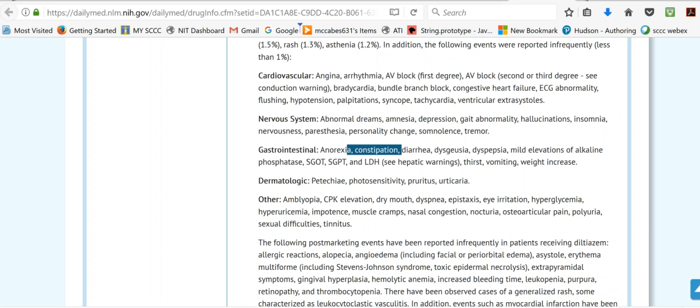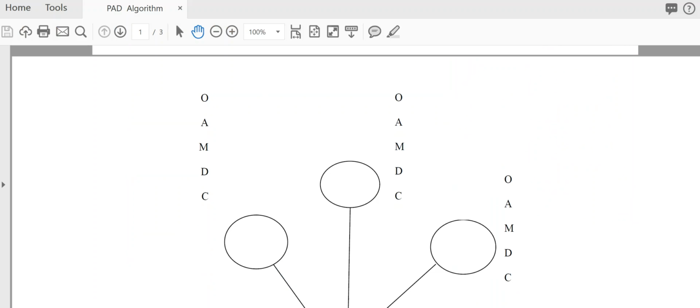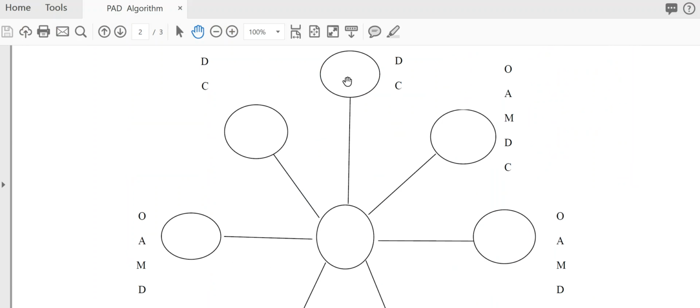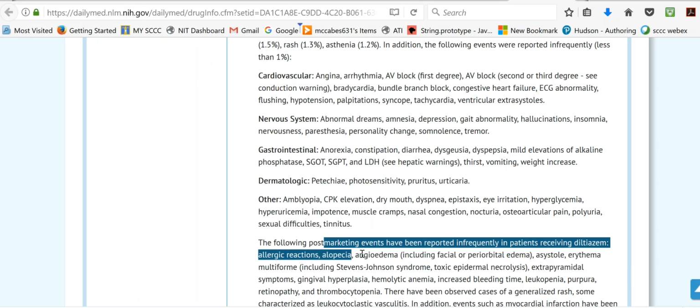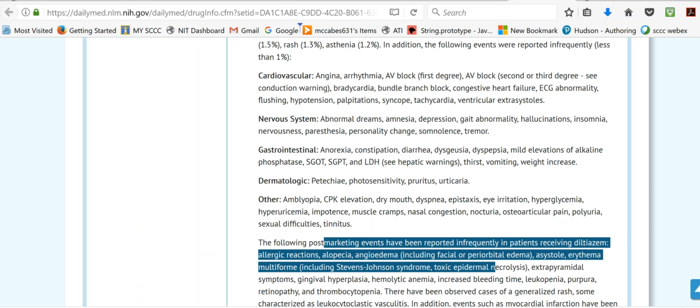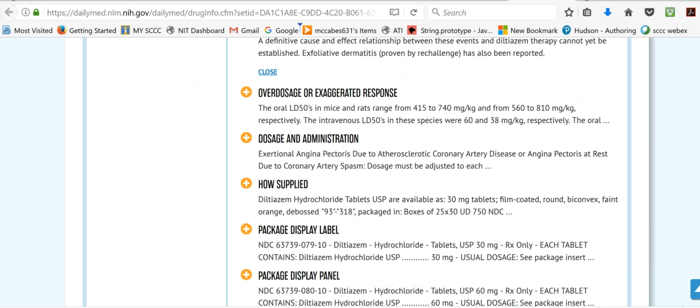So when I consider what I would put on my next page, I'd probably put here heart failure, decreased cardiac output, bradycardia, heart block, or dysrhythmia. And here I'd probably put constipation because I'd want to kind of avoid that with a cardiac client. They can also have skin reactions and anaphylaxis. So that could be something on your care plan wheel.